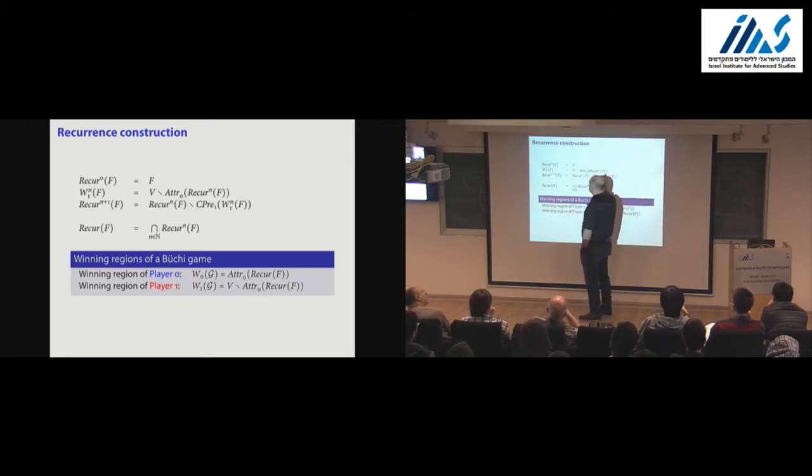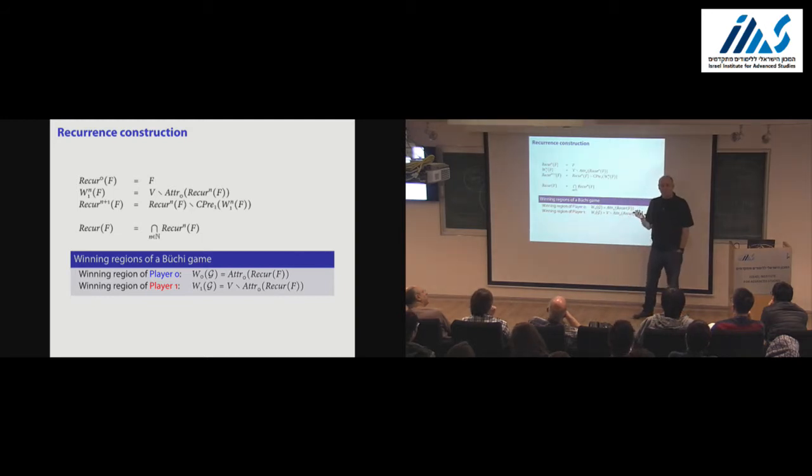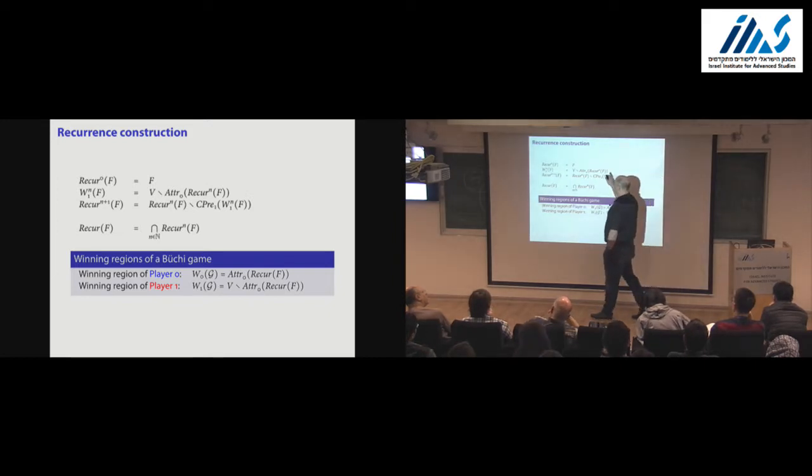So if player 1 can ensure that we visit at most n times, then this is good for player 1, because since there is a limit on how often we can visit F, we don't have a chance to visit infinitely often. So now what we do is we take this set of states and remove it from our recurse set.